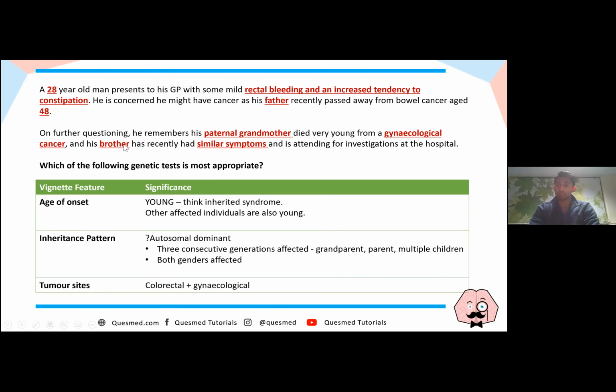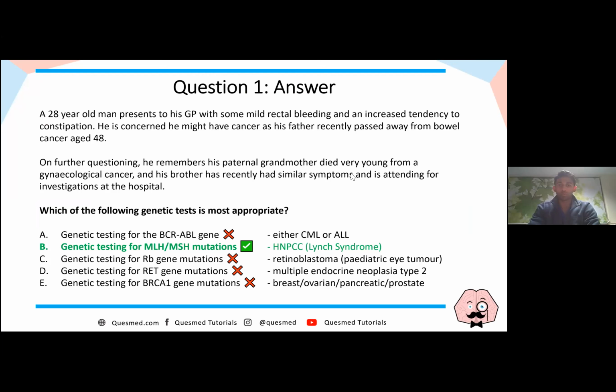And the brother has similar symptoms, altered bowel habit and rectal bleeding. So the main combination here is colorectal and gynecological. And there are only a few inherited syndromes which have that predilection. So now we can look at the answer choices, and you can see that what we're testing for is different mutations. So let's have a look at what you guys thought.